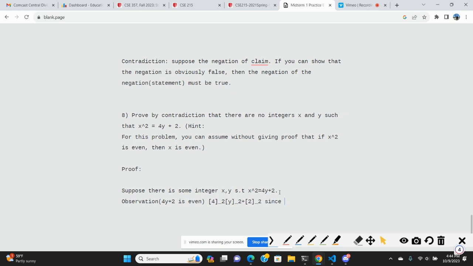And since the congruence class of 4 mod 2 is 0 mod 2, since 4 divided by 2 gives a remainder of 0, then the congruence class of this is equal to the congruence class of 0 mod 2. So that shows that 4y plus 2 is even.